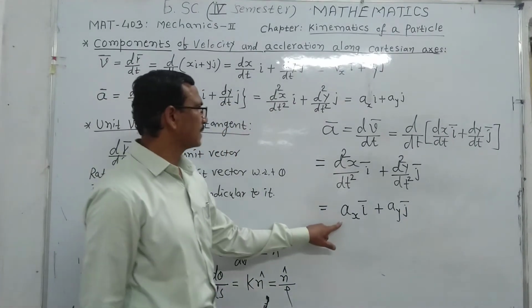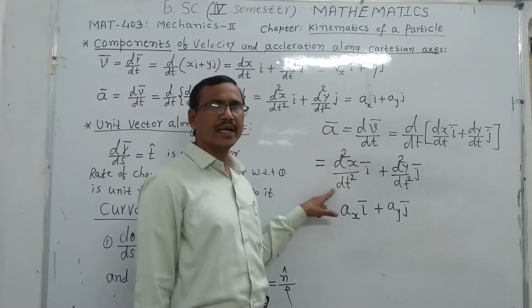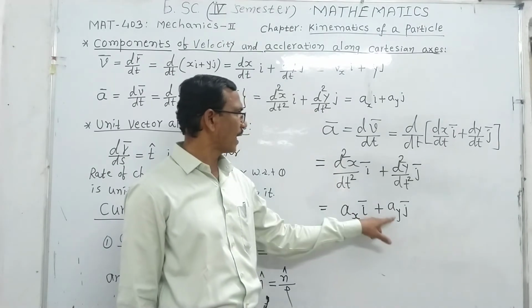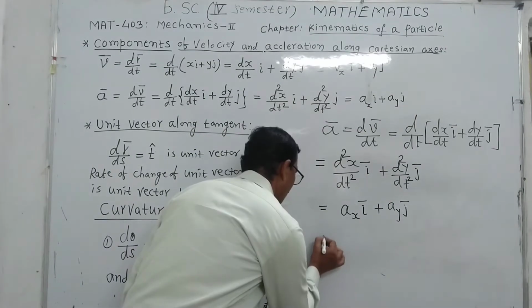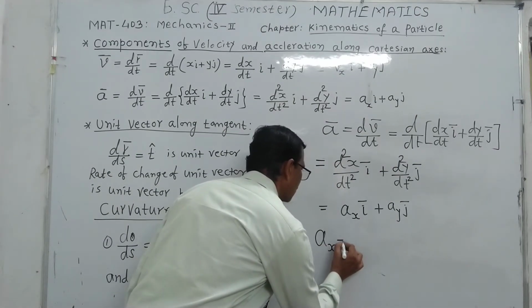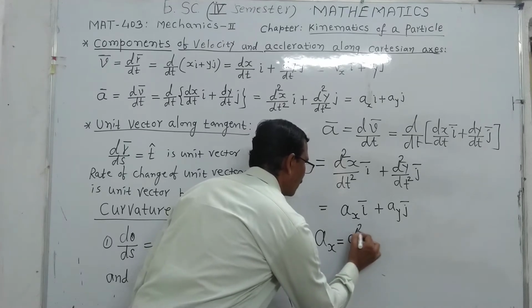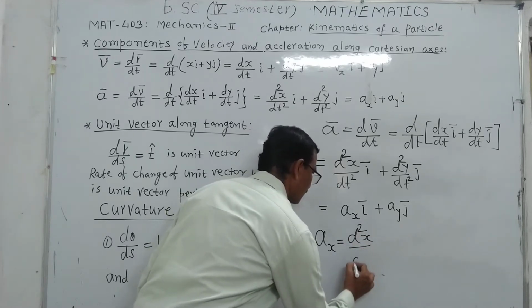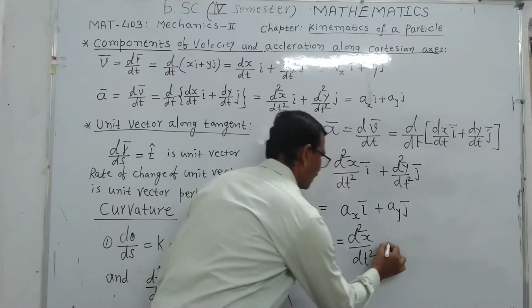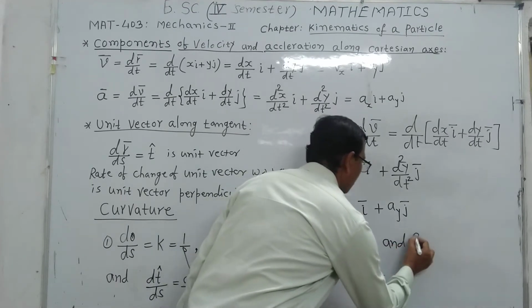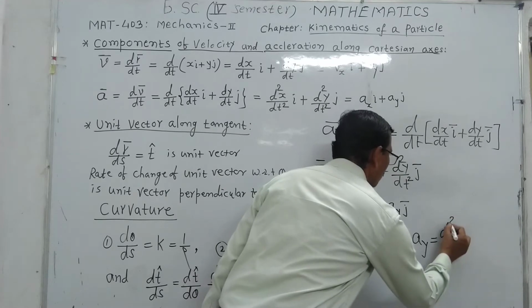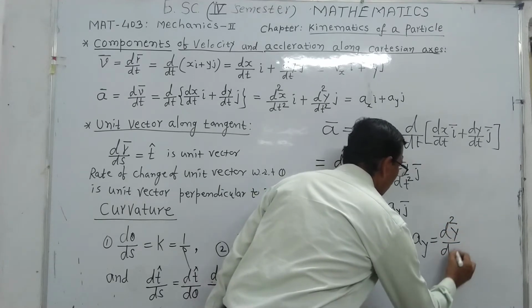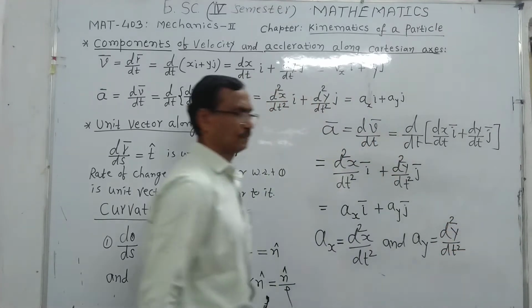Now here ax is d2x by dt square and ay is d2y by dt square.